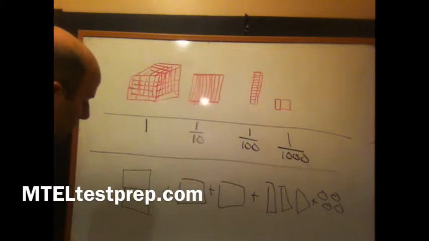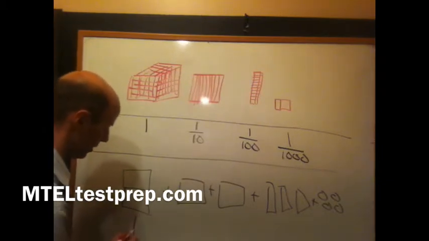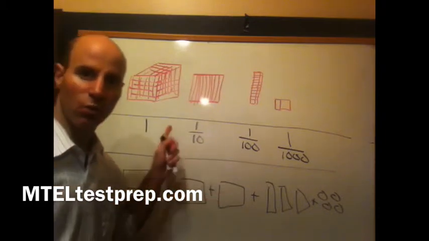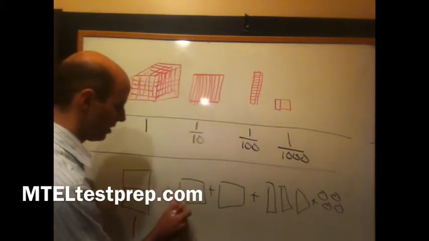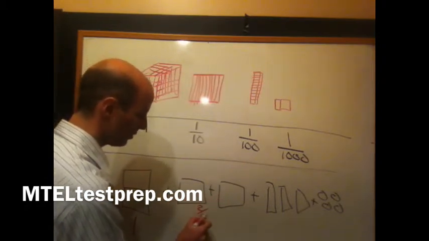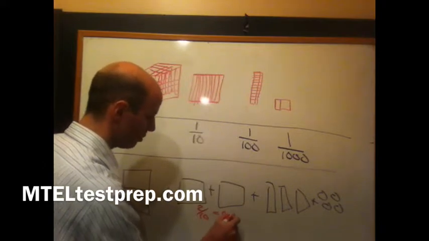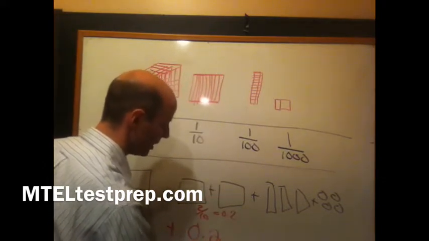Each cube is equal to 1 whole. So I'm going to make that 1. And each sheet is 1/10, or 0.1. And if I have 1/10 and 1/10, that's 2/10, or 0.2. 2 sheets is equal to 0.2.